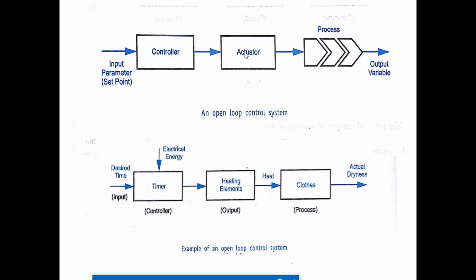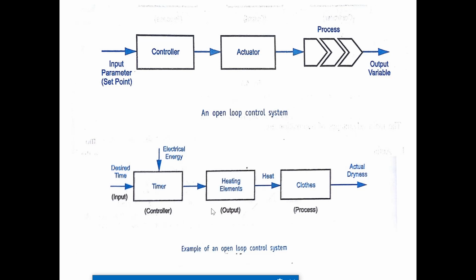The controller is going to send signals to the actuator to perform its function. The function we expect in the form of a process, and then we obtain an output variable. So it includes controller, actuator, process, and output variable.